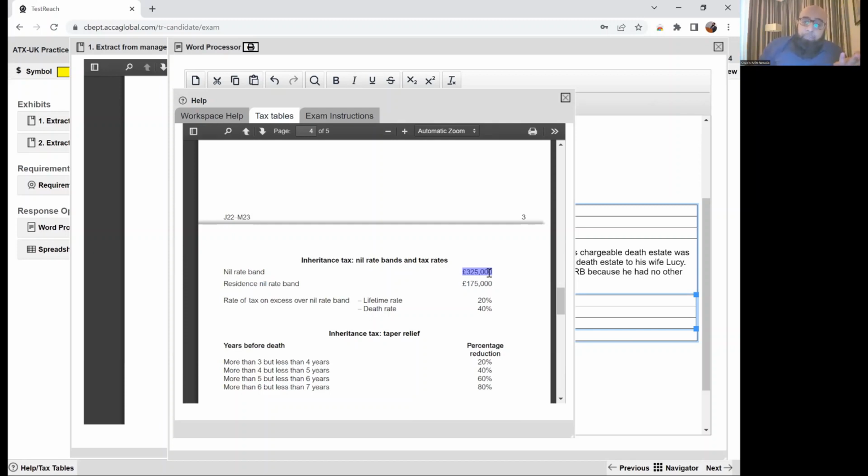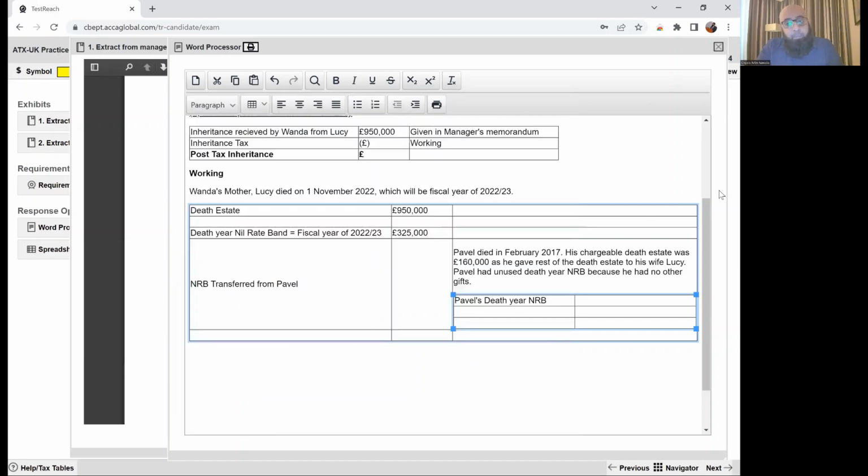I'll repeat it again. If the examiner gives you the nil rate band of the previous years specifically, you will use that amount. But since the examiner has not given us any amount for the previous years' NRB, we will just pick 325,000 as it is. So Pavel's death year NRB is 325,000.